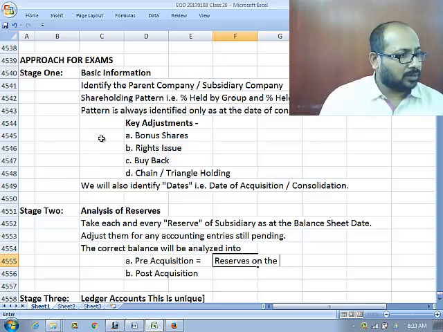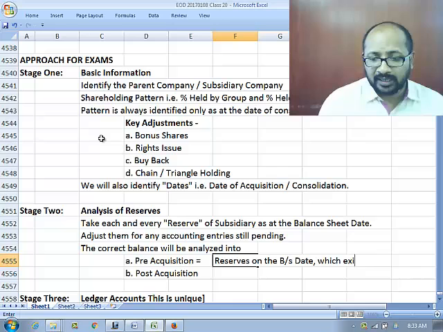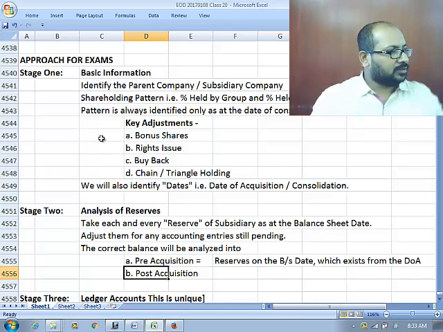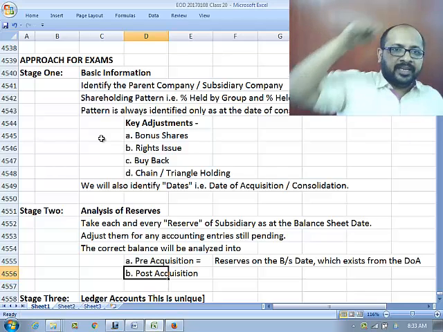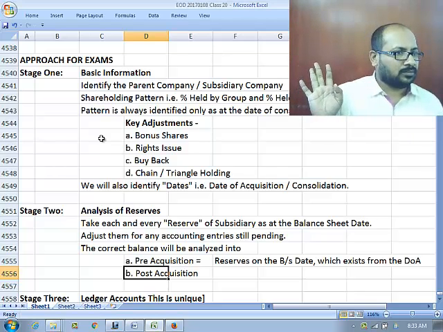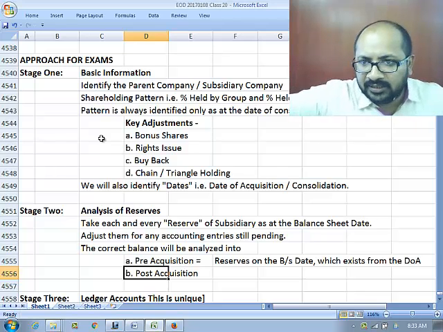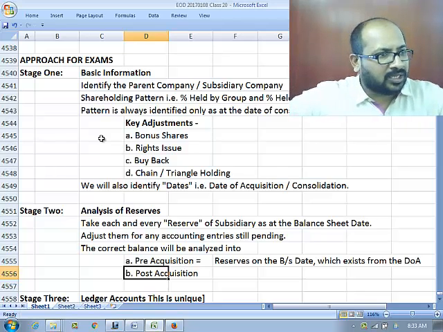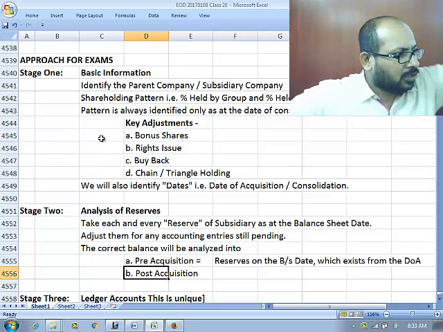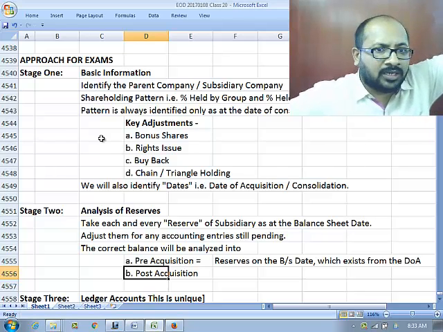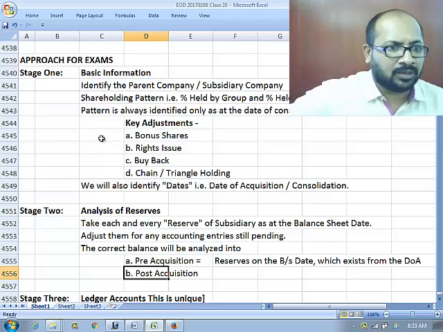Reserves on the balance sheet date which existed from the date of acquisition. From then until today, what is there? In fact, the standard would say that pre-acquisition or capital profits are profits and reserve balances existing on the date of acquisition and continue to exist on the date of consolidation.